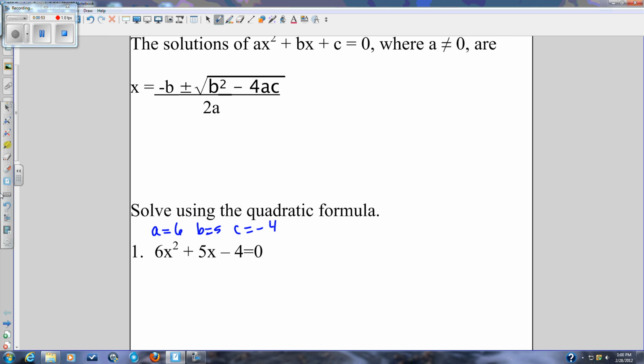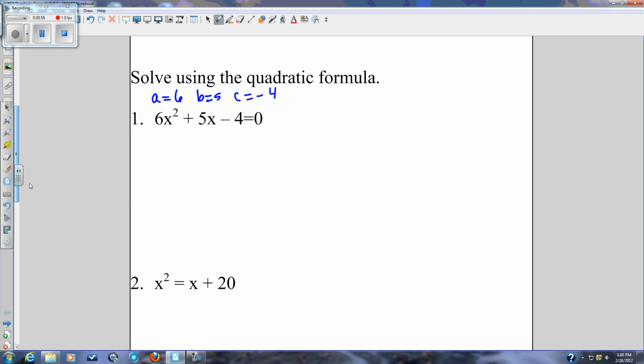And what we're going to do is just plug those numbers into the quadratic formula, which I will rewrite here. X equals negative b plus or minus the square root of b squared minus 4ac all divided by 2a. So let's plug our numbers in.